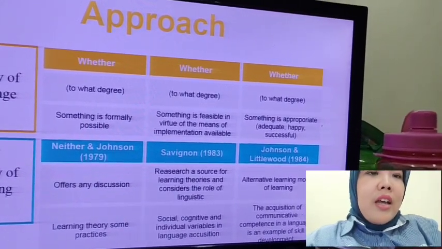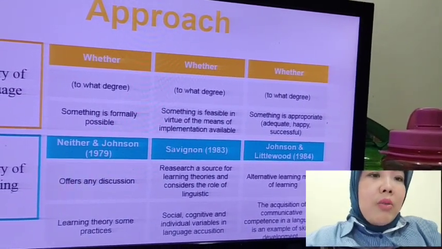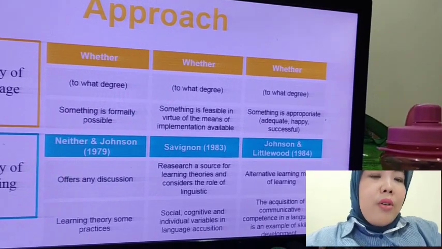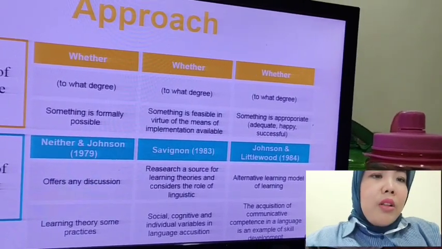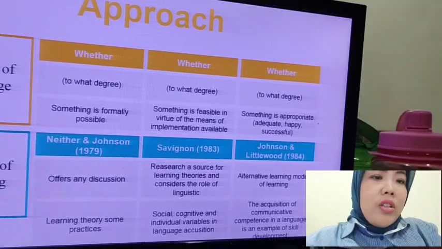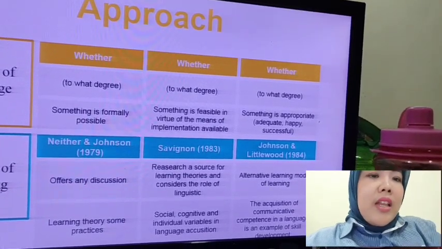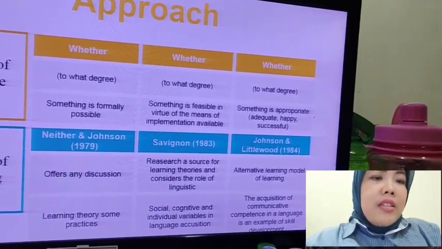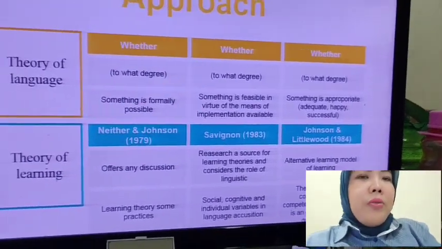And the last, from Johnson and Littlewood in 1984, an alternative model of learning: the acquisition of communicative competence in a language is an example of skill development.